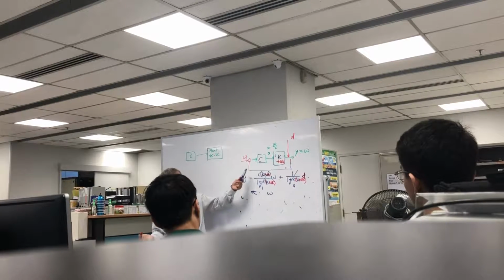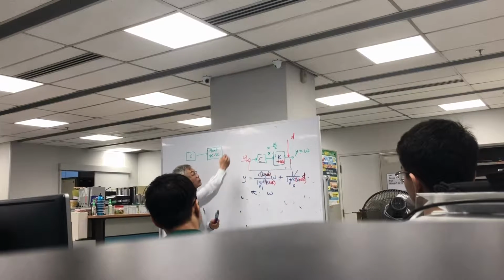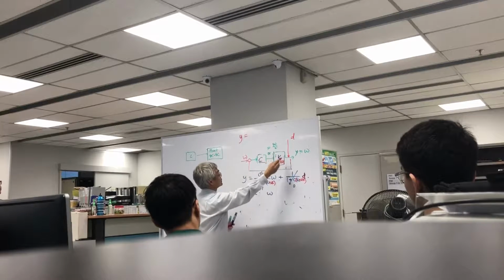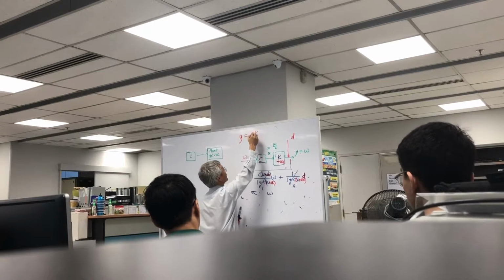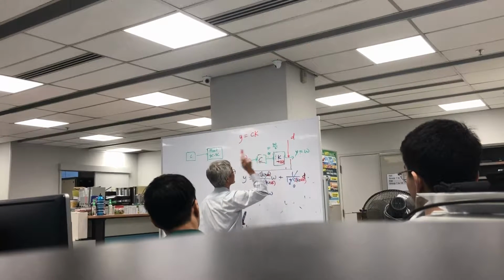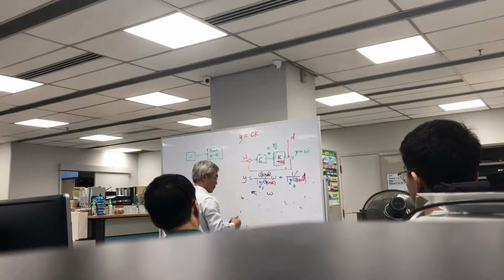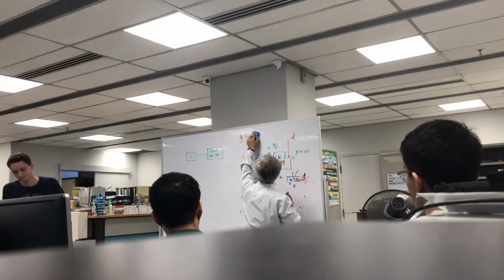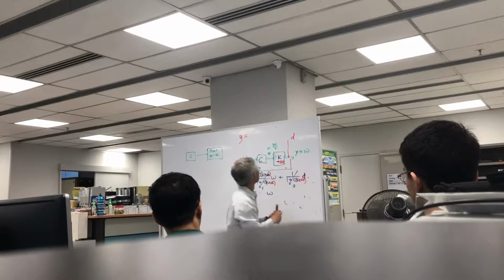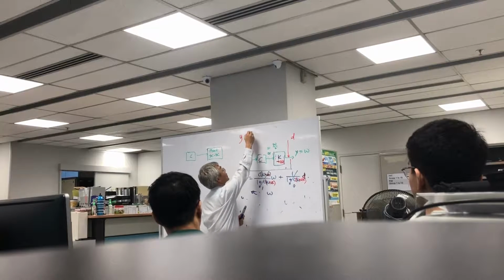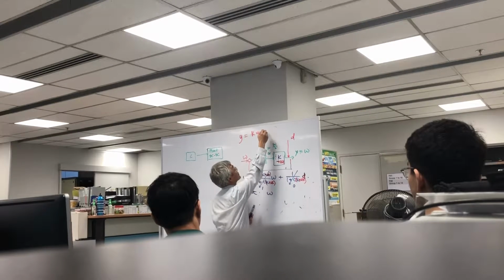See, with open loop, now with feedback, this is open loop. Open loop is like this: y is equal to c times k times u plus d, right?